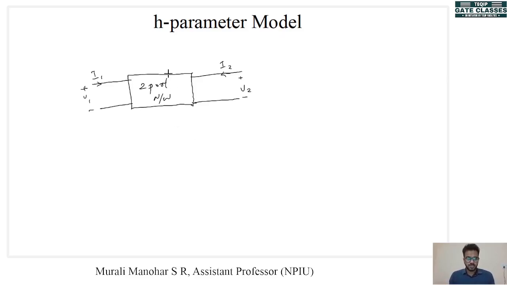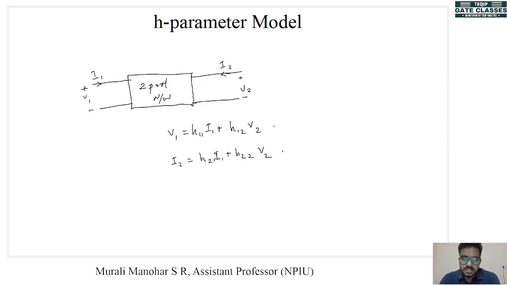Now we know the equation for V1. V1 is equal to H11 I1 plus H12 V2 and I2 is equal to H21 I1 plus H22 V2. So this is the H parameter model of a two-port network. Input voltage and output current represented in terms of H parameters.